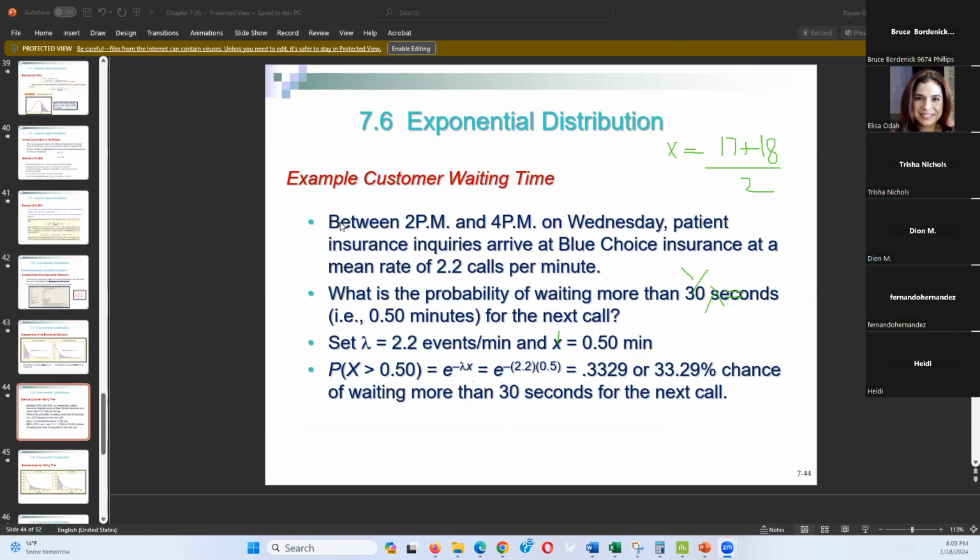Here, look into the problem: patient insurance inquiries arrive at Blue Choice Insurance at a mean rate of 2.2 calls per minute. So basically this is nothing but a lambda. But as you saw previously, we need 1 upon lambda. So what would be the value? Let me pull up the simple calculator.